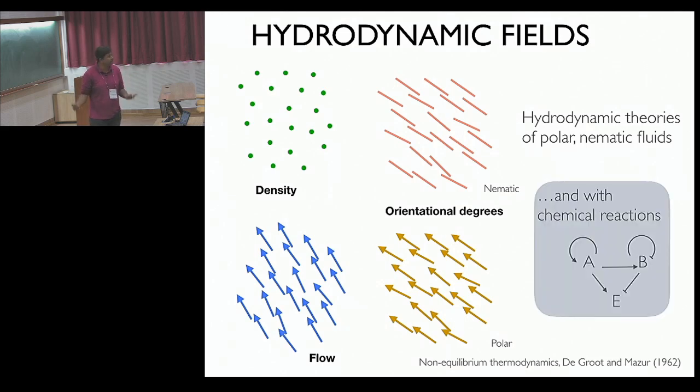So one will have to include the chemical reactions, and the relative amounts of A, B, C, D, E, and satisfy conservation laws for mass and momentum, equations of motion for the orientational degrees of freedom, and the chemistry. These things have been worked out in the past for physical systems.